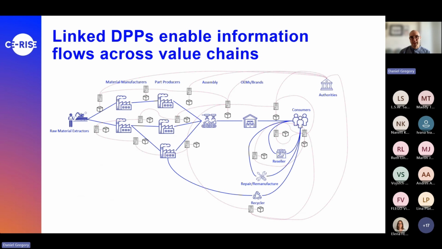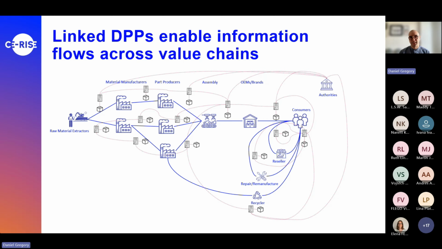At a larger scale, this is a very similar concept. If you think of each different step in the supply chain, someone producing something has a product, essentially. So each of those products has their own digital product passport associated with it.